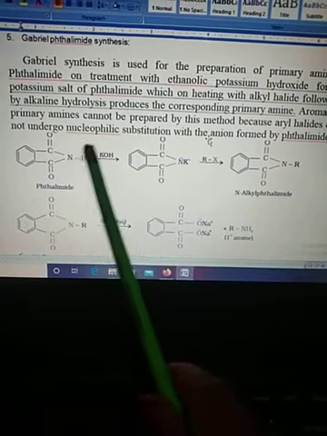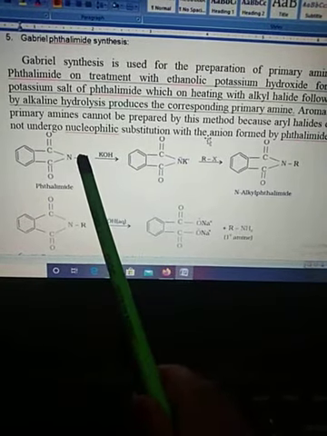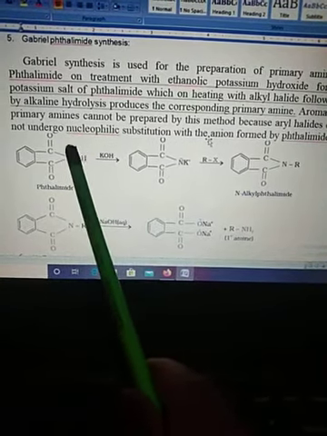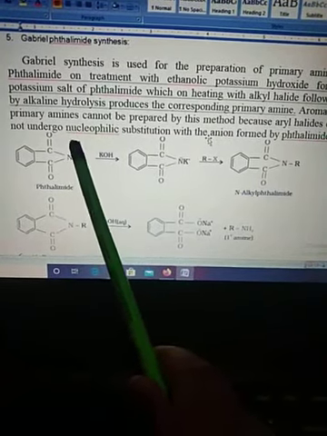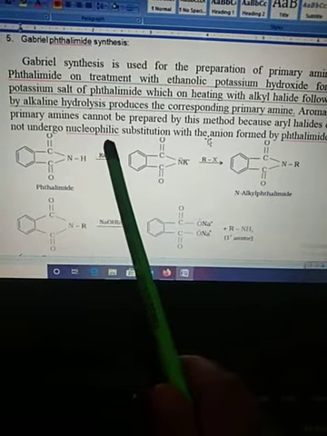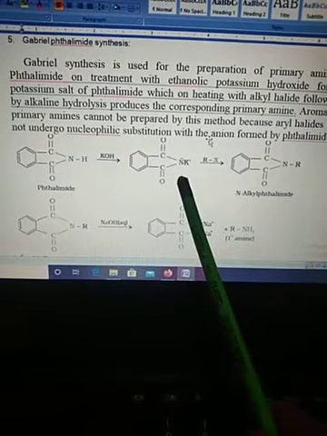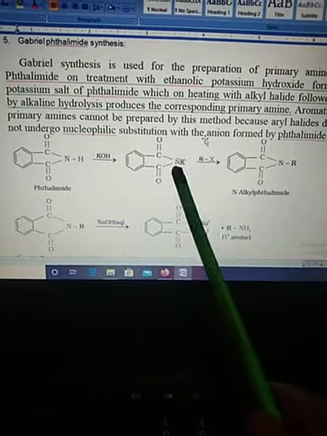So here OH minus will take this H and form water, whereas this nitrogen, which contains a lone pair of electrons, will take the positive potassium ion and form a salt-like structure, N minus K plus.